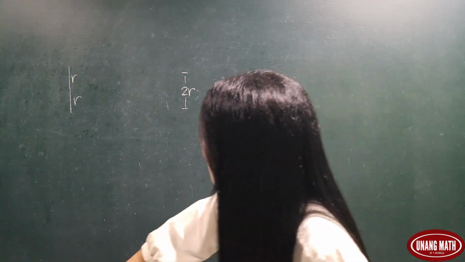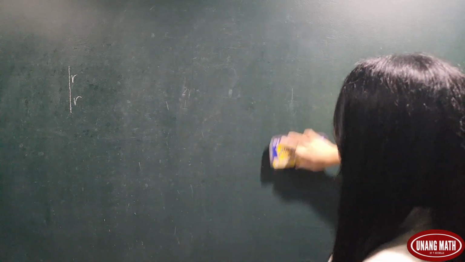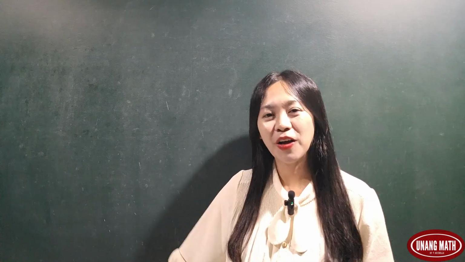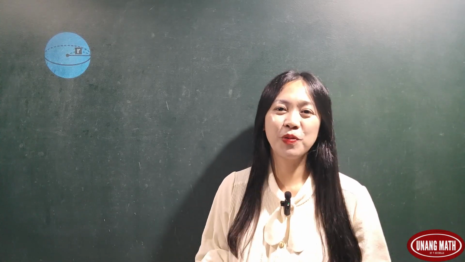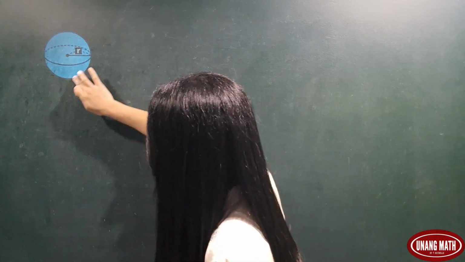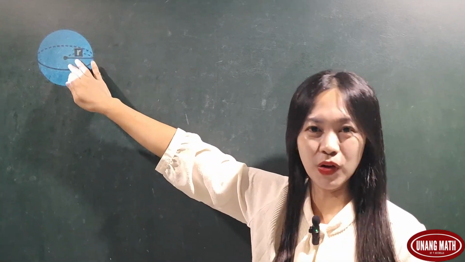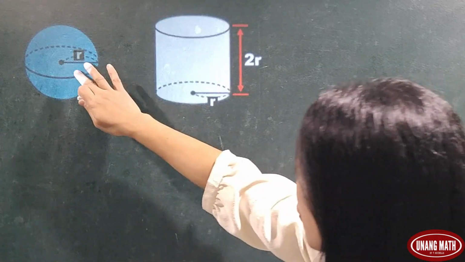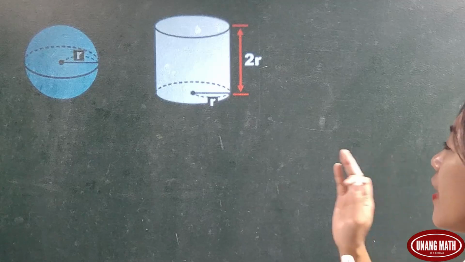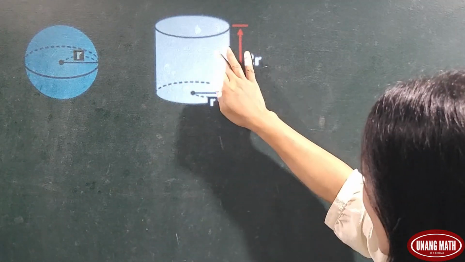This time, I'll be explaining and showing briefly the experiment on how to find the volume of a sphere. We will fill this sphere with water and then transfer the water into this cylinder. But again, take note, this is not just any cylinder.